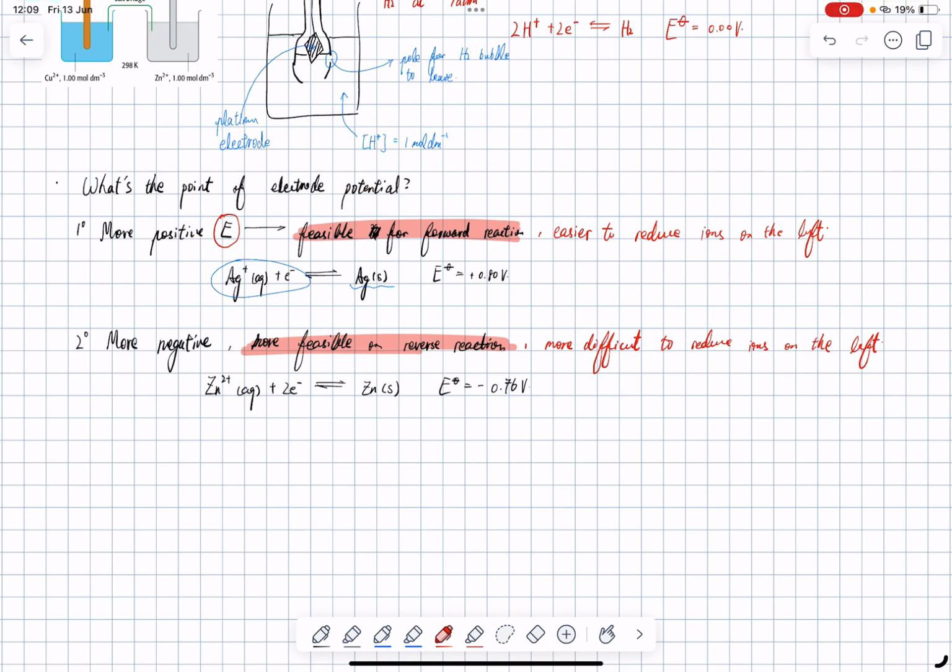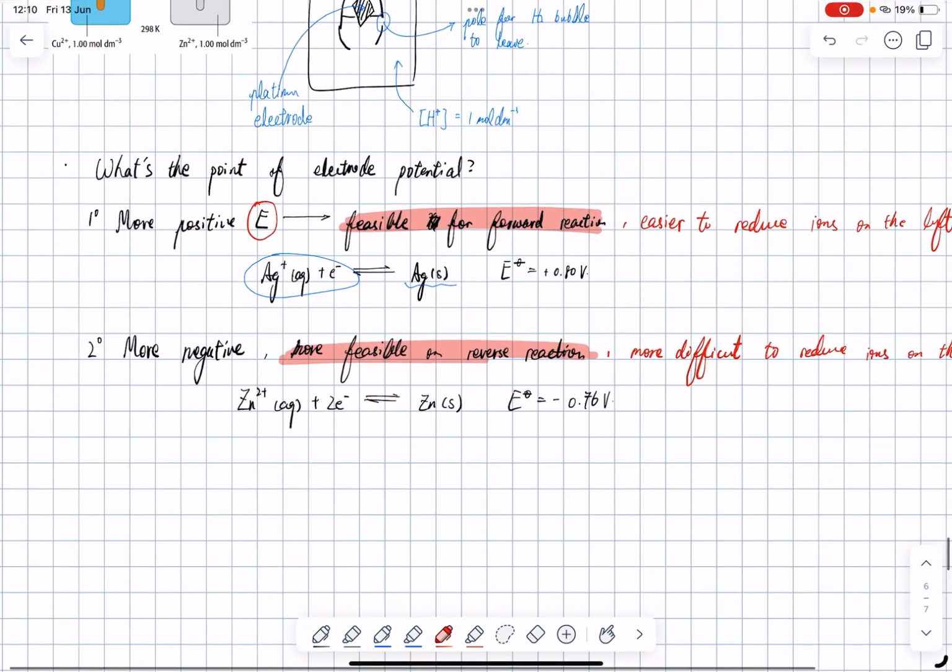I'll explain further in my Housecroft chapter 9 lecturing, so we'll be able to practice more qualitative and quantitative discussions, like using some more advanced formulas and expressions. But now for A level, this is good. This is perfect.